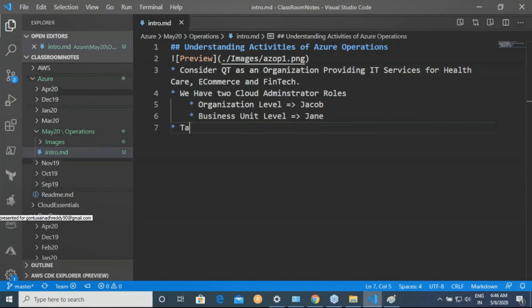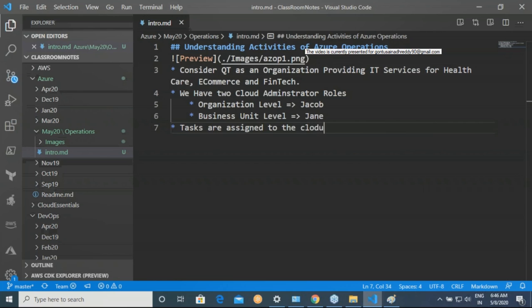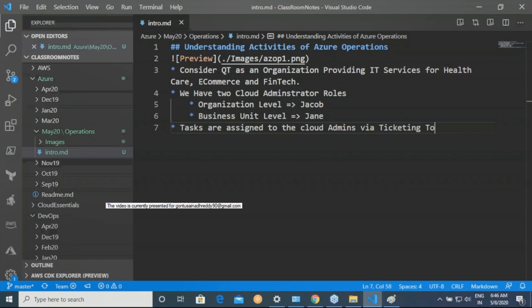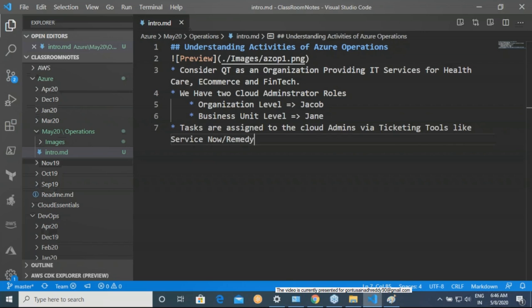So tasks are assigned to the cloud admins via ticketing tools like ServiceNow or Remedy. This is mostly what happens. So you will be assigned tickets.